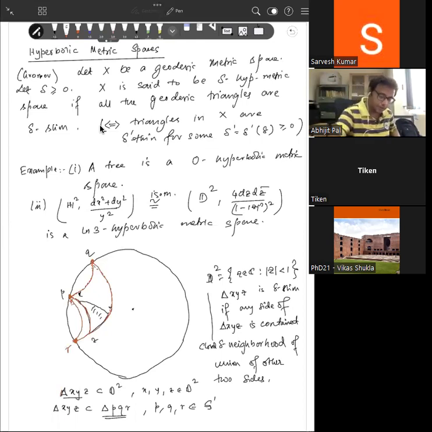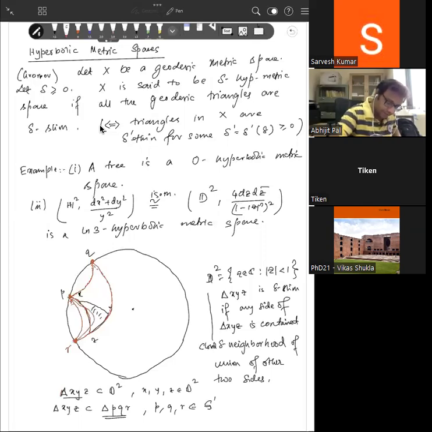Sir, after joining P and R, how do I guarantee that this triangle will be inside the bigger one? Is it very easy? I can't see that. So joining P and R, it will not be something like this.